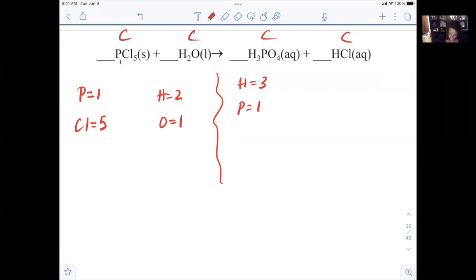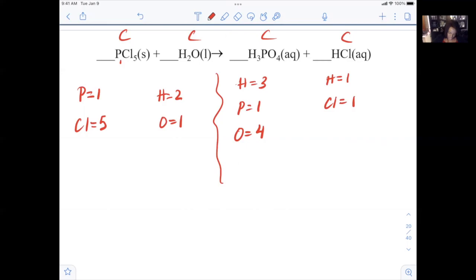I have 4 oxygen, okay? Then here I have 1 hydrogen and 1 chlorine. Let me make sure. So P is 1, Cl is 5, H is 2, O is 1, H is 3, P is 1, O is 4, H is 1, Cl is 1.